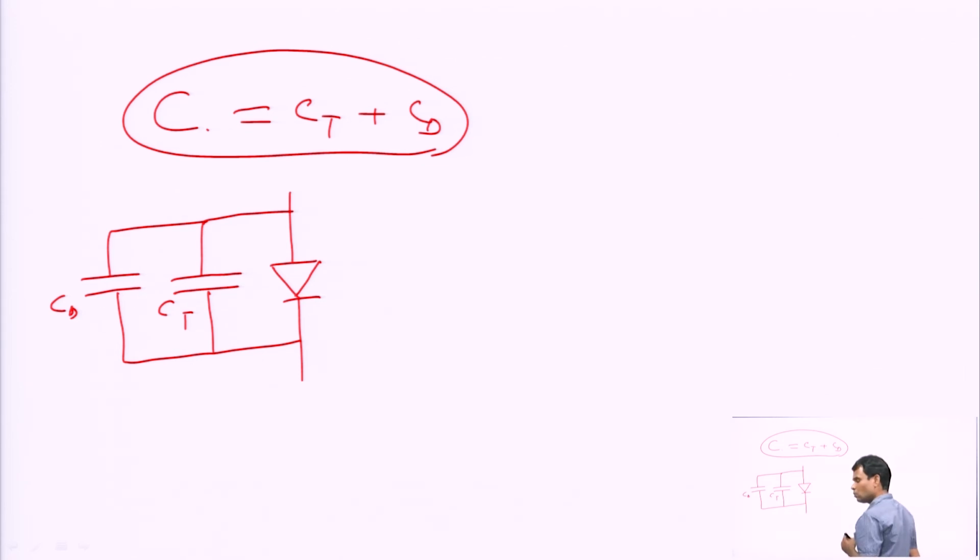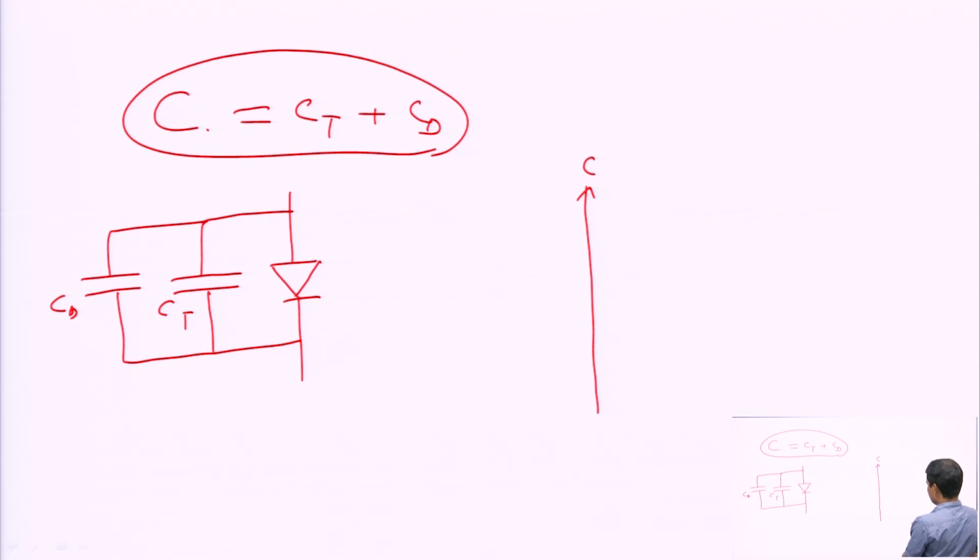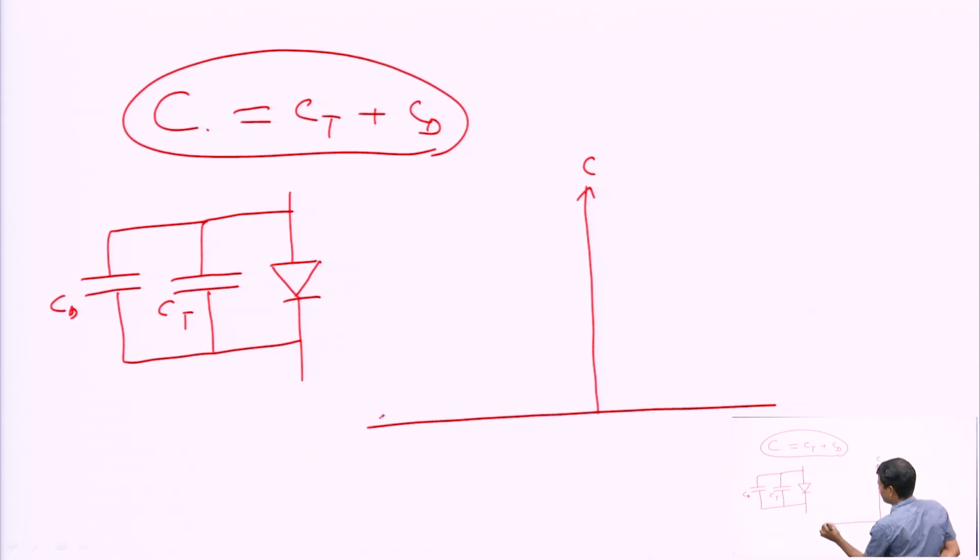If we want to draw the applied voltage versus diode capacitance graph, we can easily draw it like this. The y axis is the capacitance, the negative x axis is reverse voltage, and the positive x axis is forward voltage.